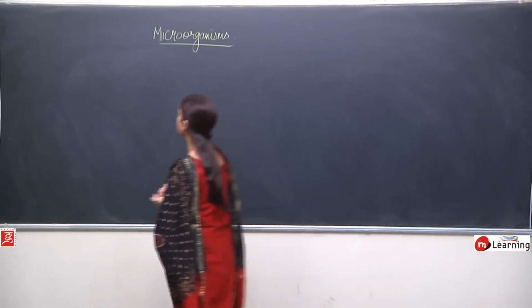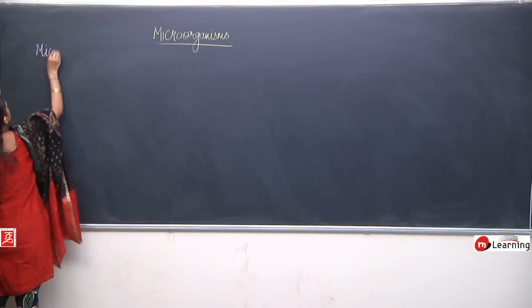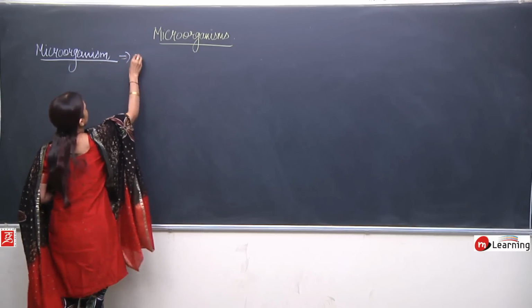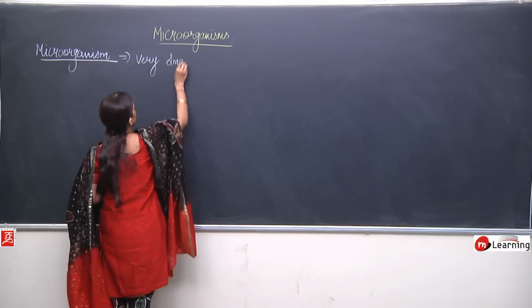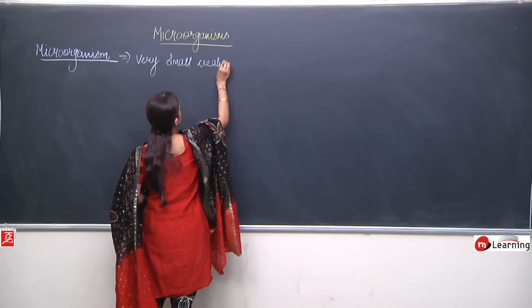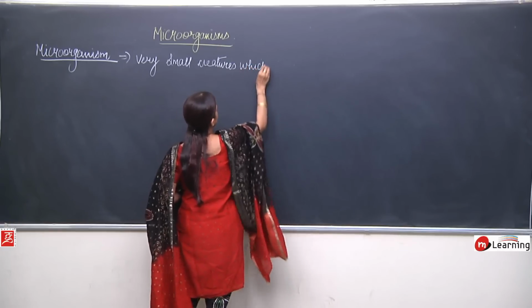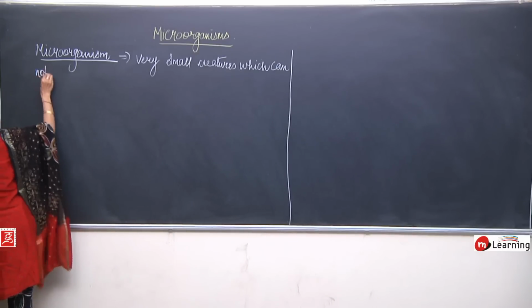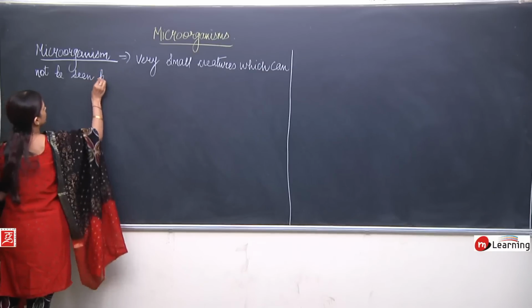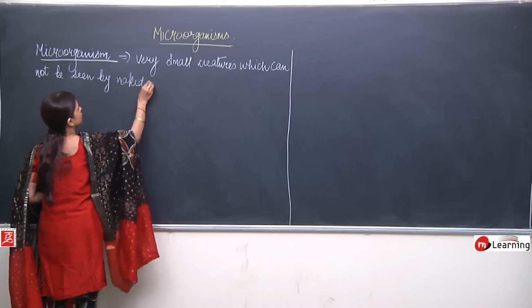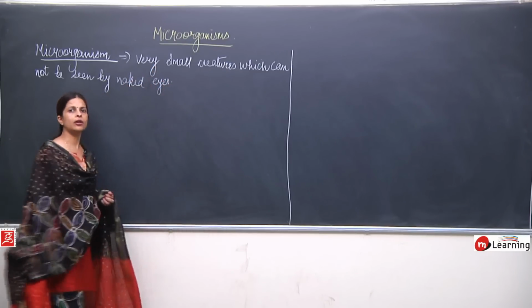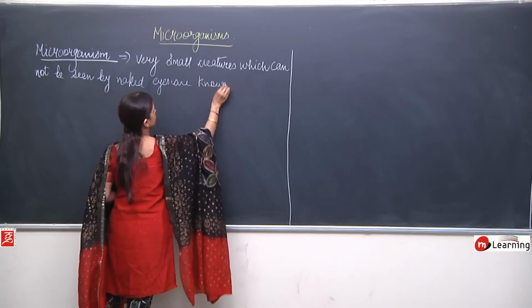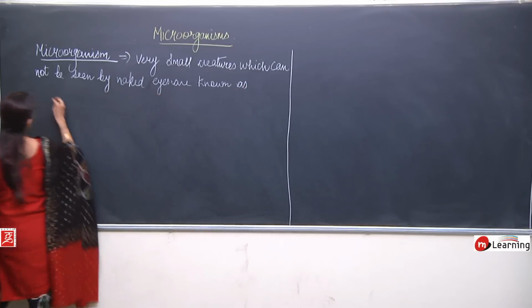So let's write the definition of microorganism. Very small creatures which cannot be seen by naked eyes are called, or known as, microorganisms.